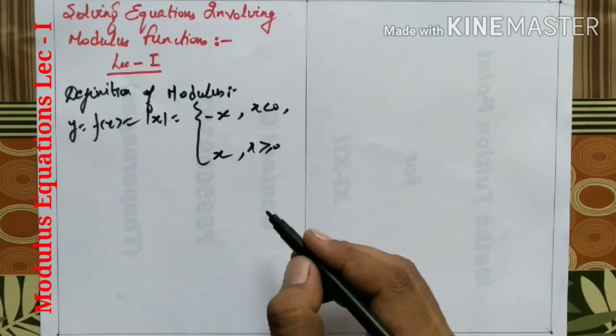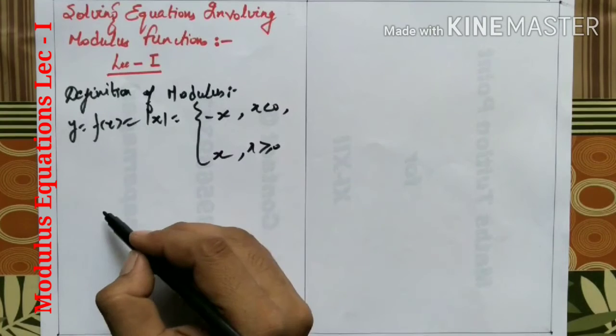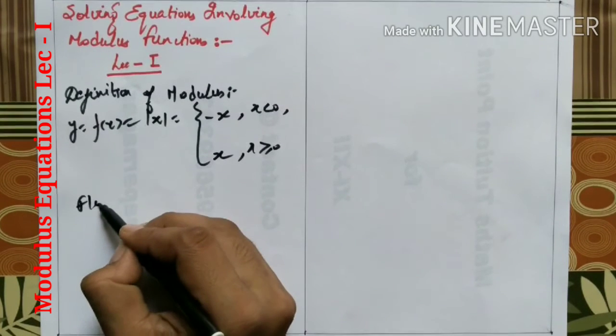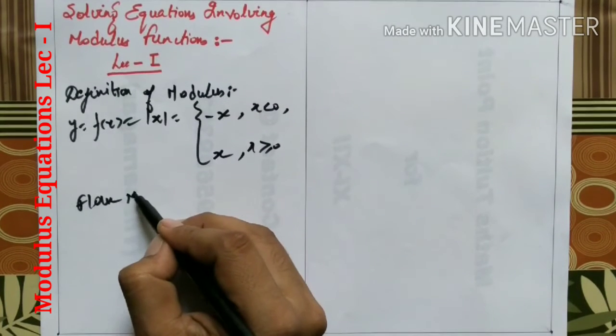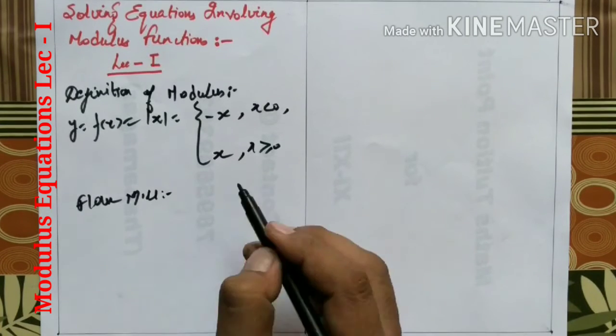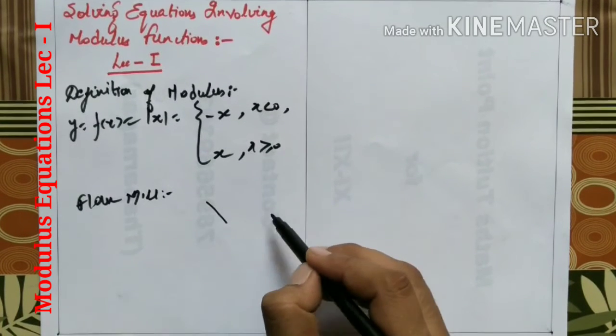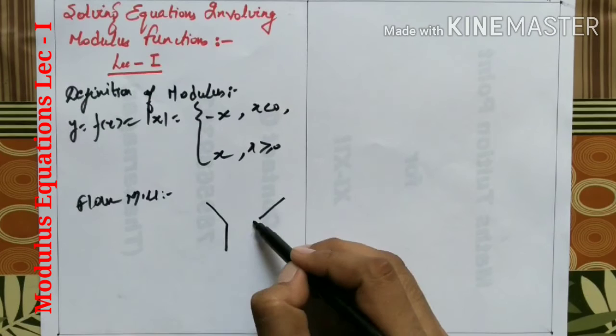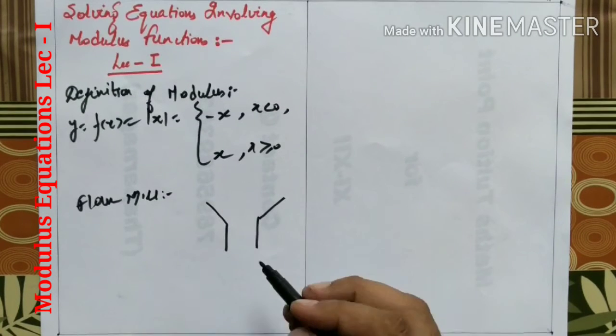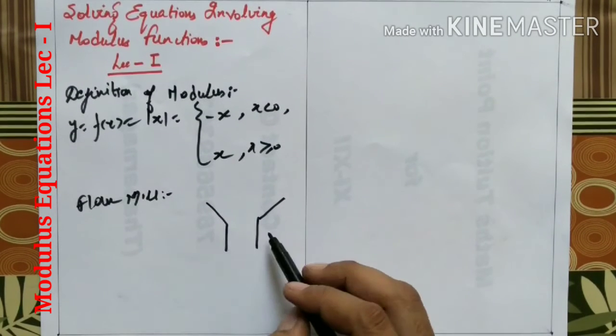Let us construct an analogy. Suppose there is a flour mill. We have seen this thing in our day-to-day life.